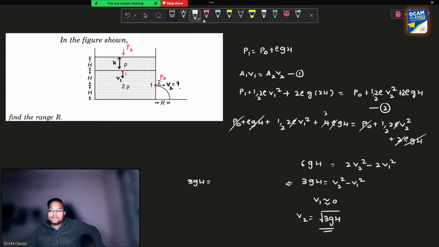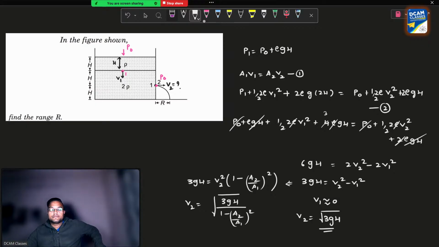3GH is equal to, V2 you have to find now, so V2 square into 1 minus A2 by A1 whole square. So V2 will be root 3GH divided by 1 minus A2 by A1 whole square.